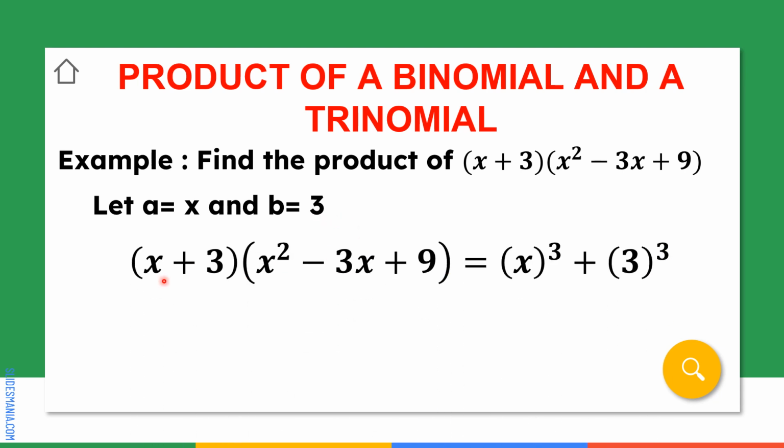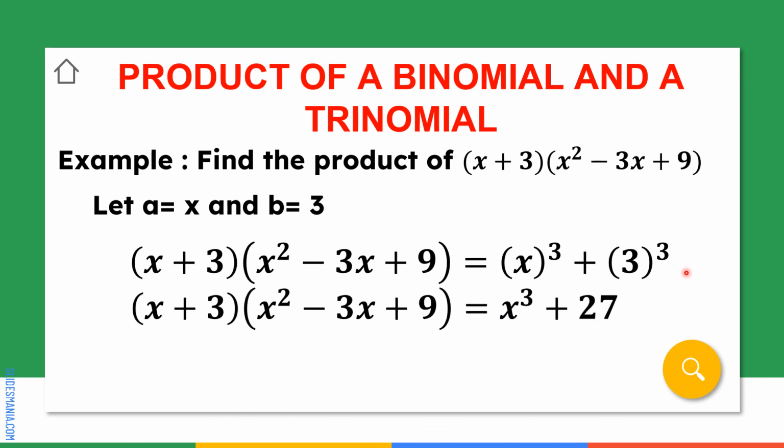Therefore, the product of x plus 3 and x squared minus 3x plus 9 is equal to x cubed plus 3 cubed. Then we simplify this further: x cubed plus, we copy the sign, 3 cubed is 3 times 3 times 3, so that is 27. Therefore, the final answer is x cubed plus 27.